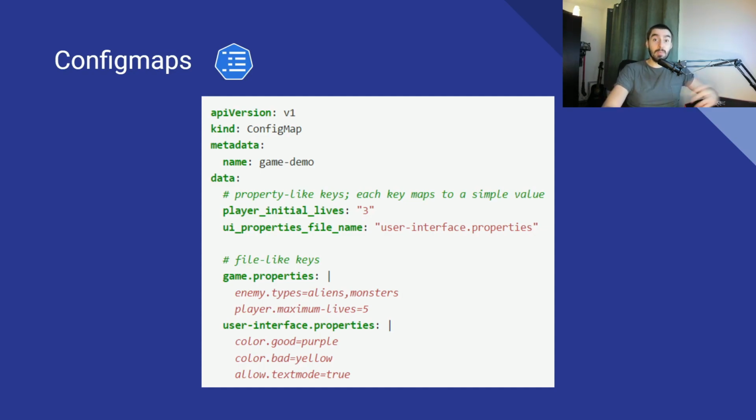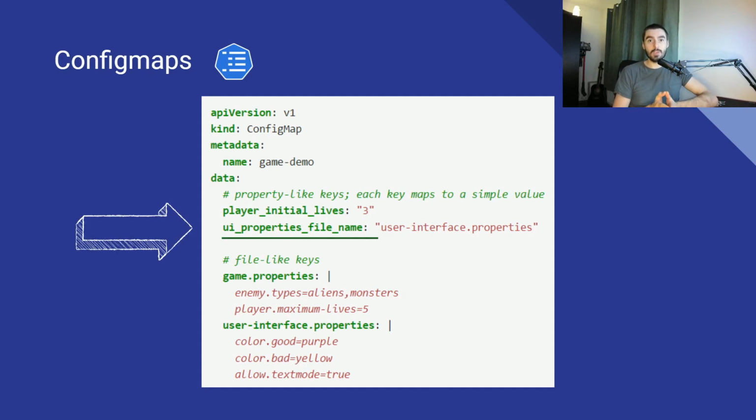In terms of capabilities, we have a few examples here. You can look at the player initial lives, which is an initial key in this config map, and its value is a string which contains the integer 3. Then you have UI properties, file name, and this is also a key that maps to one value.